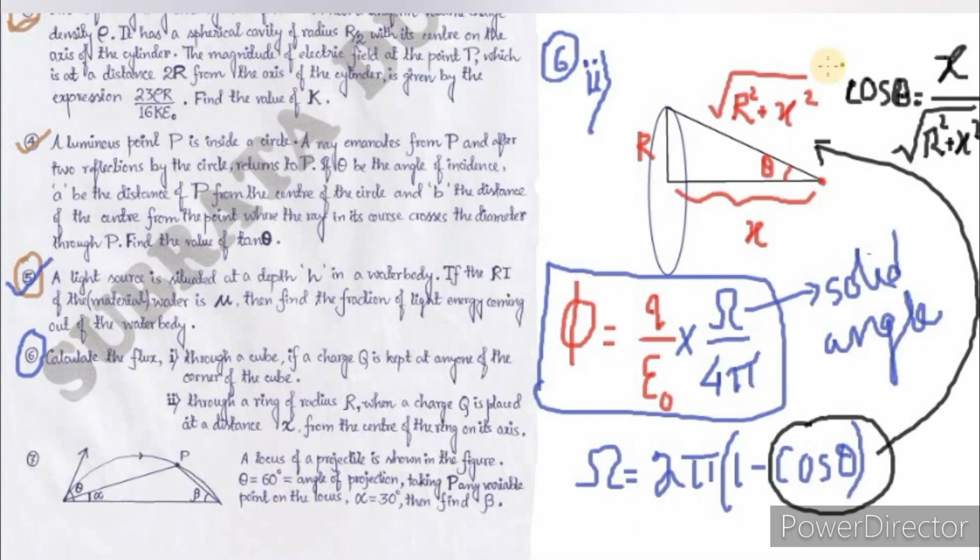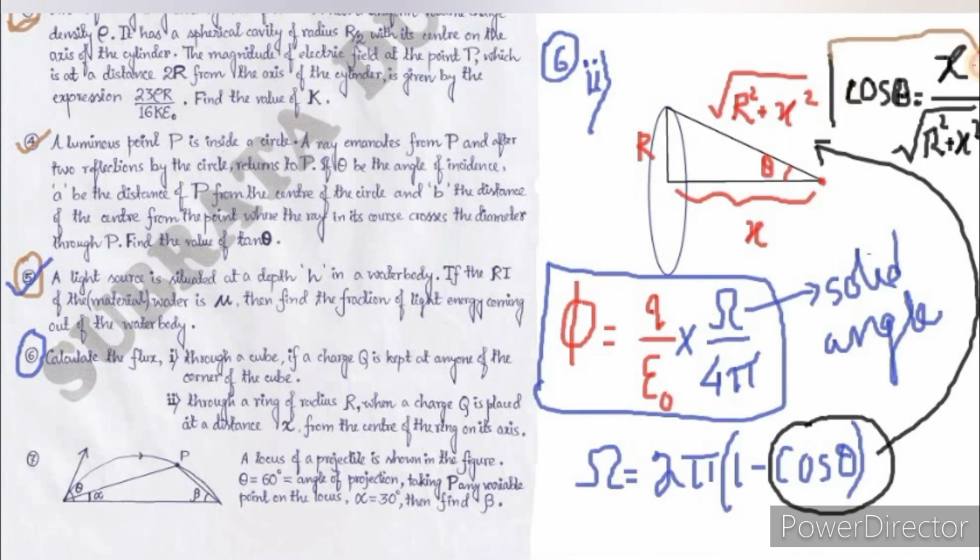Now according to our previous equation of solid angle, we can derive the cos theta value and put it into our required equation.